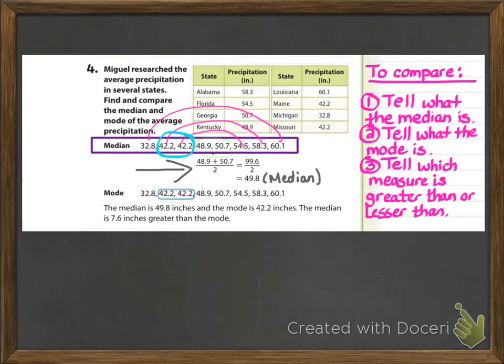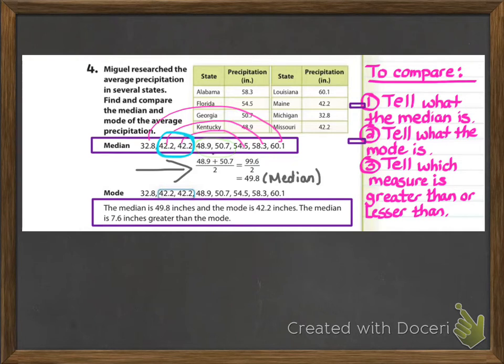So you'll notice here in your comparison sentence, it says the median is 49.8 inches and the mode is 42.2 inches. That first sentence is parts 1 and 2 that I highlighted for you here and here. Then it says the median is 7.6 inches greater than the mode. So if you wanted to tell me the mode number first, then you would tell me that the mode is so much smaller.